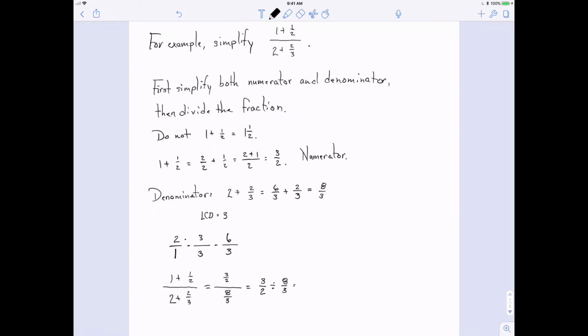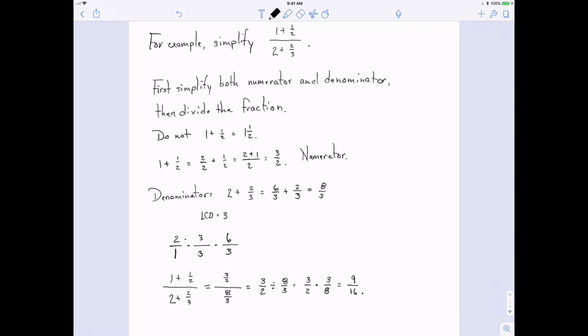And then to divide fractions, remember we flip and multiply the second, so this is 3/2 times 3/8 for a final result of 9/16.